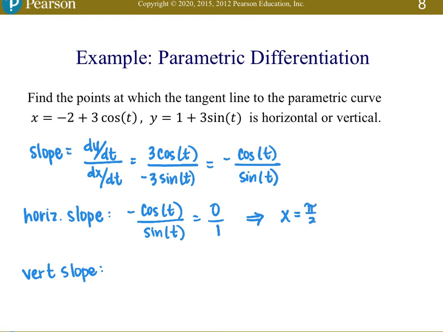So pi halves, 3 pi halves, 5 pi halves, etc. Okay, all of those values, not x, t. So every time t is one of those parameters, we will have a horizontal slope. Vertical slope will be similar.